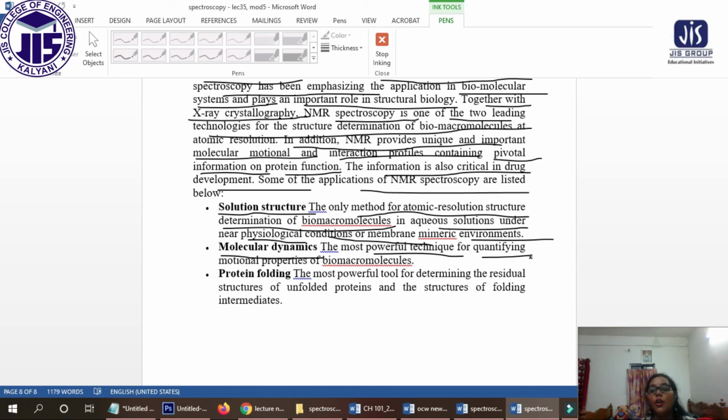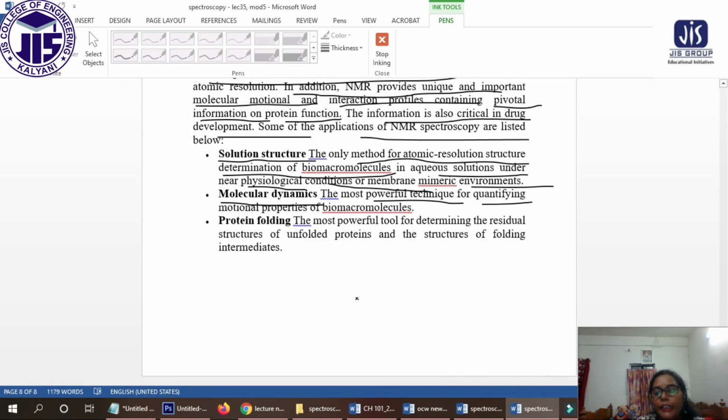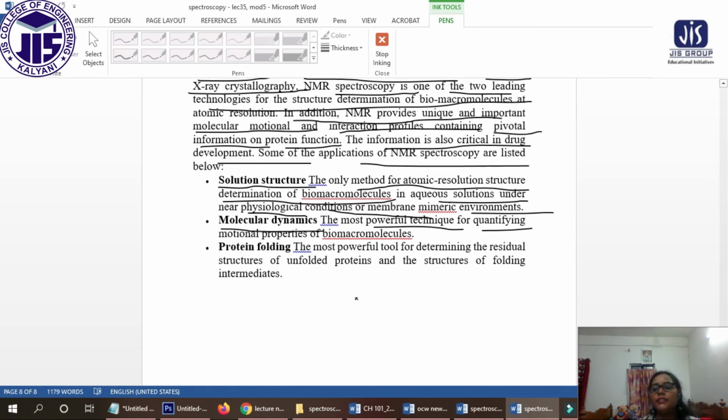So we can also know the reaction mechanisms by finding out the intermediates, the unfolded proteins, the structure of the folding intermediates. All these things we can determine by the NMR technique. So these are some of the applications of NMR. This is all about today's topic.